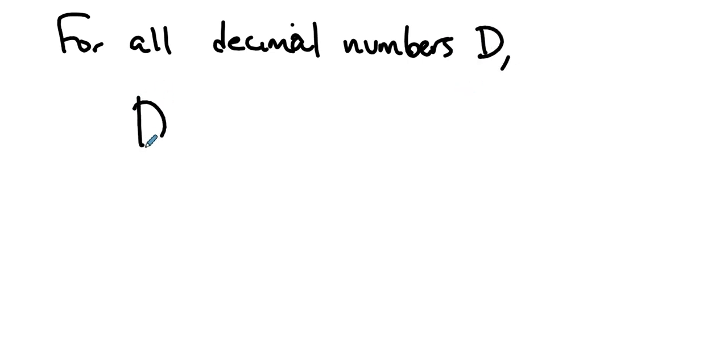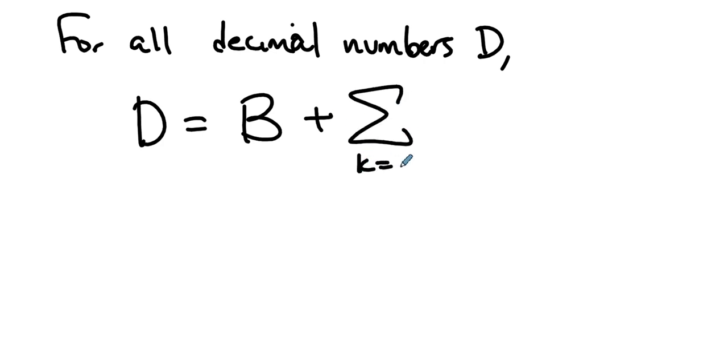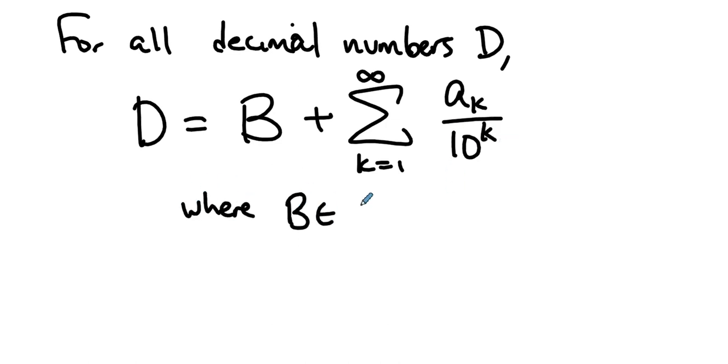For all decimal numbers D, D is some integer b plus an infinite sum, not that the sum is infinite, but that the sum goes from k equals 1 to infinity of some a sub k over 10 to the k, where b is some integer.